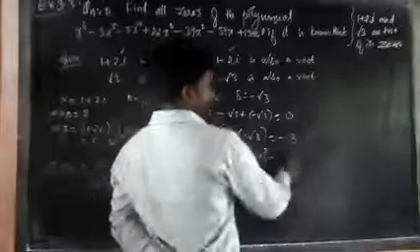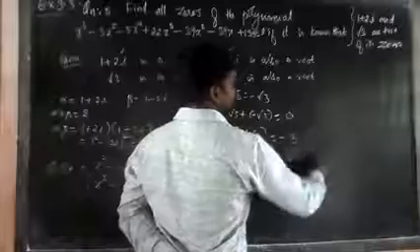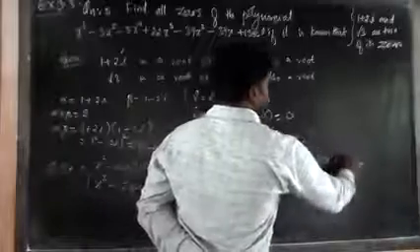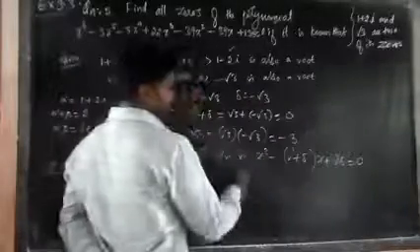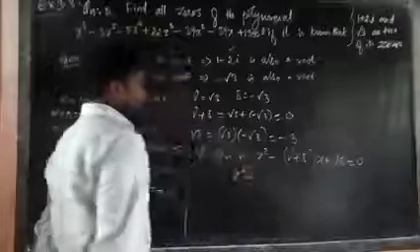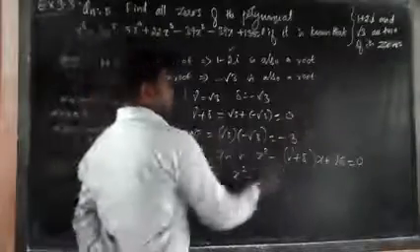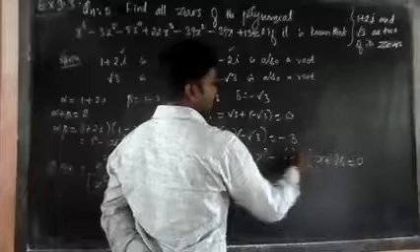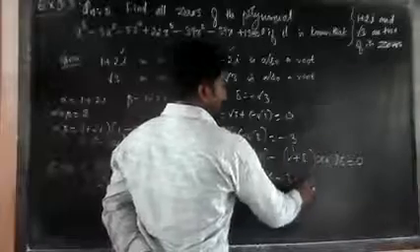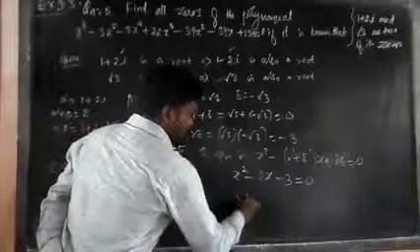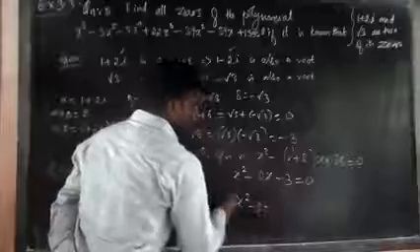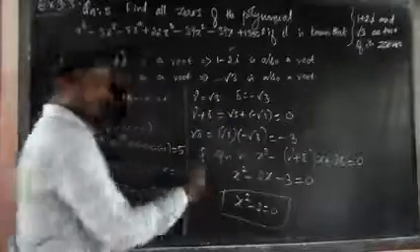x square minus sum of the roots times x plus product of the roots is equal to 0. X square minus 0 into x, product value is minus 3, so x square minus 3 is equal to 0. Clear?